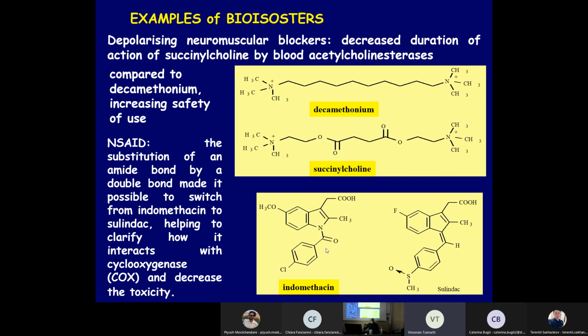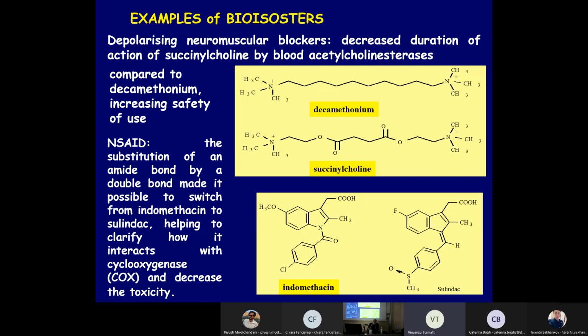It was observed that during the treatment with indomethacin, there was a severe hepatic toxicity due to the formation of free radicals. So the investigators introduced the sulfur atom to limit the formation of toxic free radicals, and in this case, sulindac is now used as a potent anti-inflammatory agent instead of indomethacin.